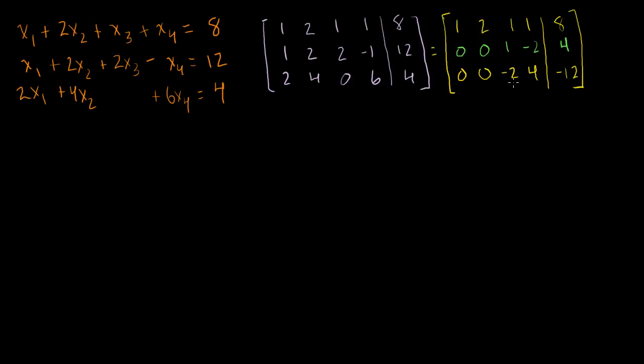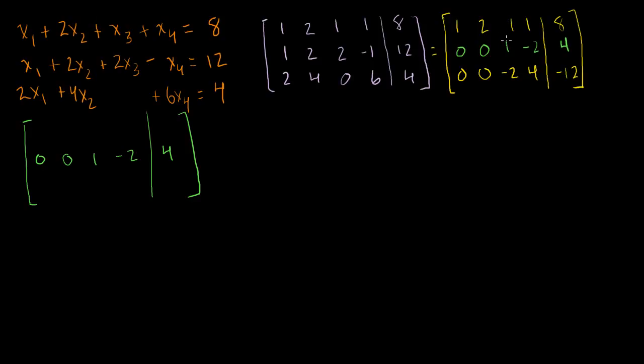Now what can we do? Let's see if we can get rid of this minus 2 term right there. Let me rewrite my augmented matrix. I'm going to keep row 2 the same this time. So I get 0, 0, 1, minus 2, then essentially my equal sign, or the augmented part of the matrix. Actually, let me get rid of this 2 up here, because I want to get in reduced row echelon form.